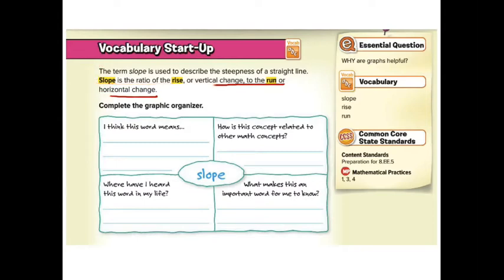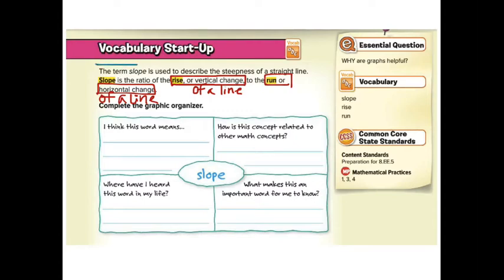Now, the definitions for rise and run, those were the 2 other words in your vocabulary. If it was me on your vocab list, I would say rise is the vertical change of a line, and run is the horizontal change of a line. So again, in your vocabulary, we changed colors so you can decipher here.